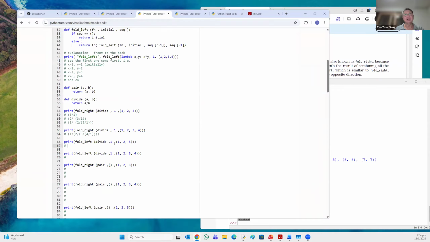The 4 left, it's starting from the front now. And so you have 1 over 1. And then you have to take it with 2. And then you have to take it with the 3 from the front to the back.